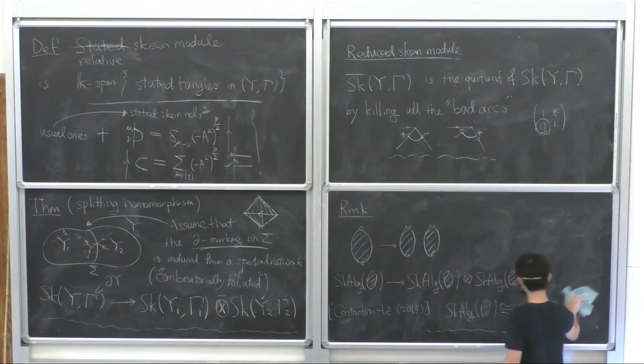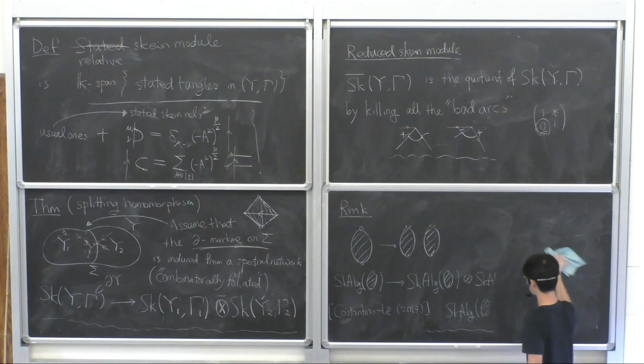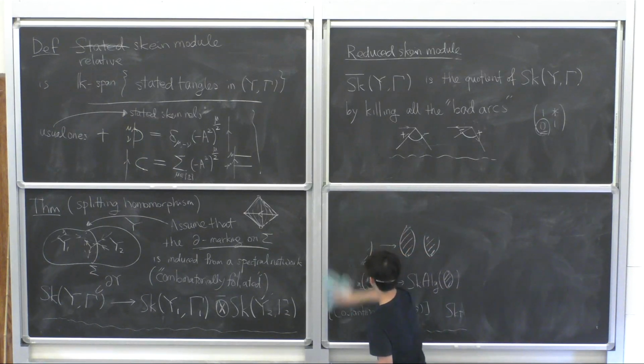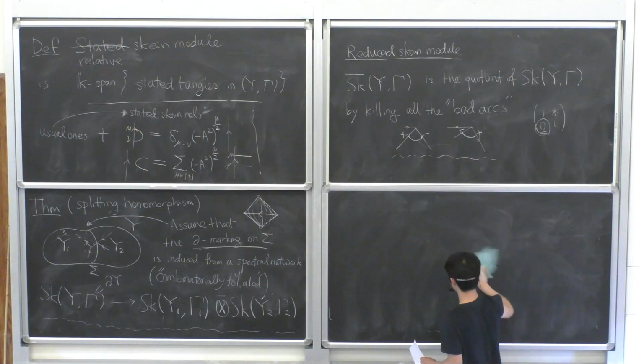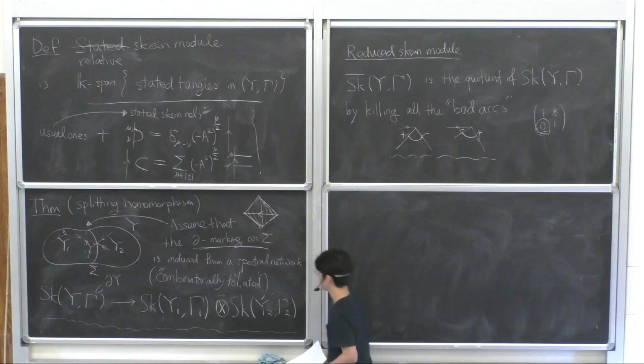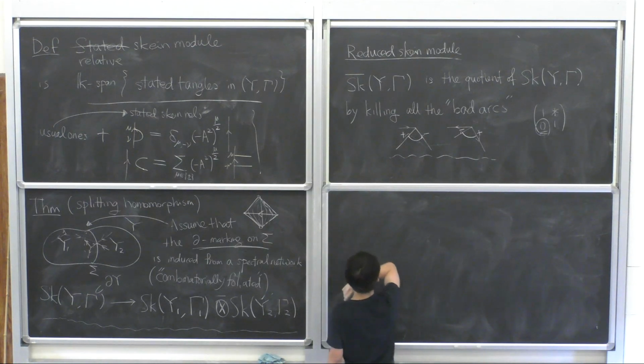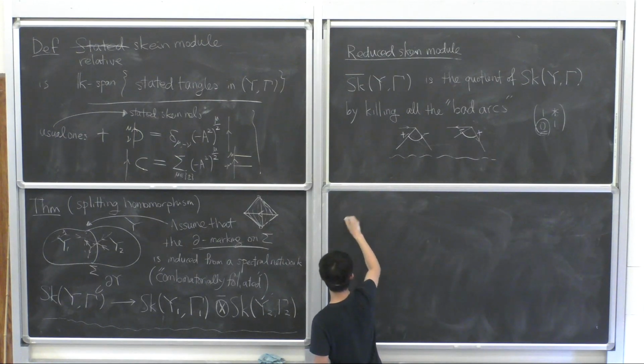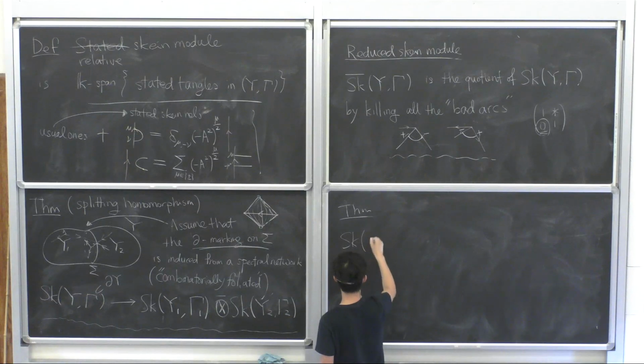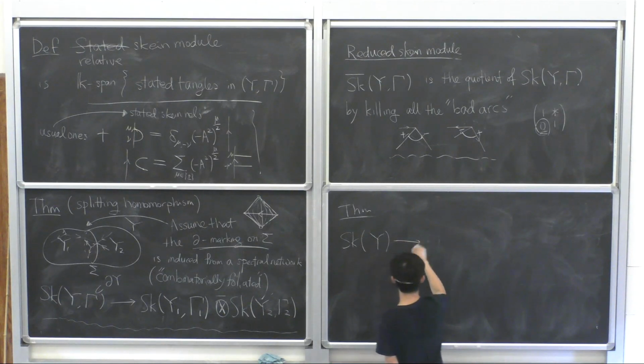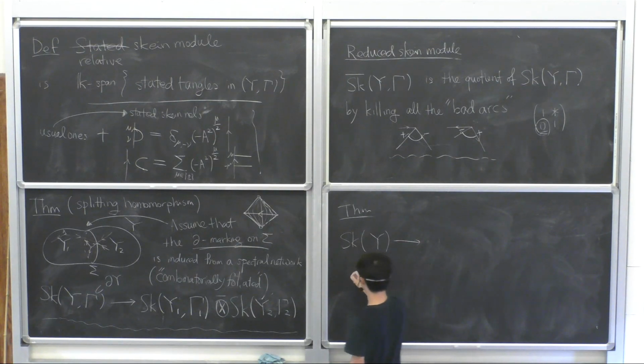Yeah, and just to finish up, the main theorem is that we have this map from the Skein algebra of Y, which we equip with an ideal triangulation.